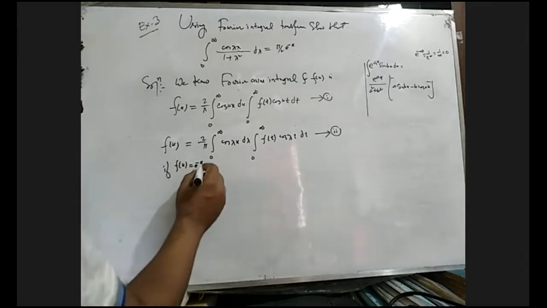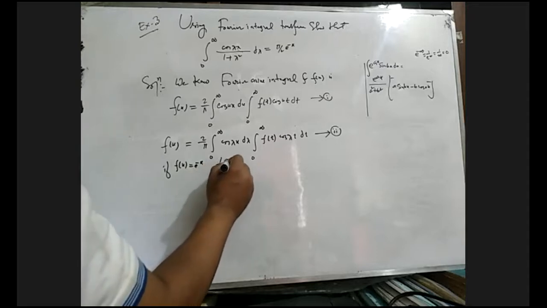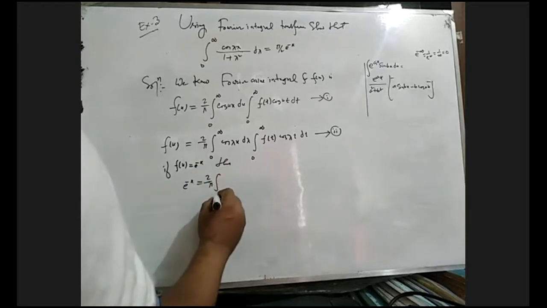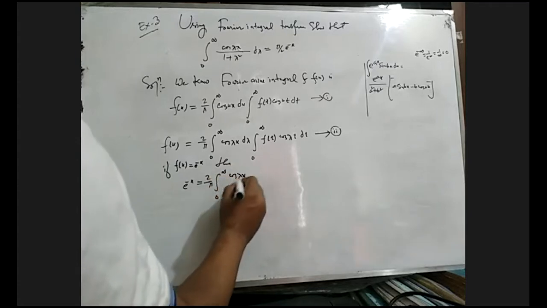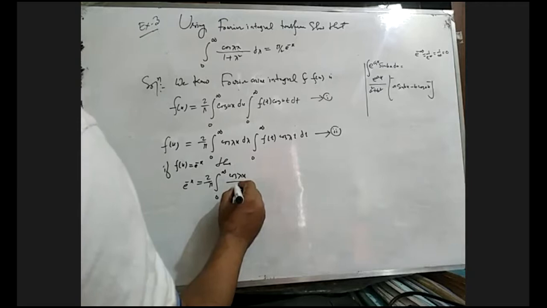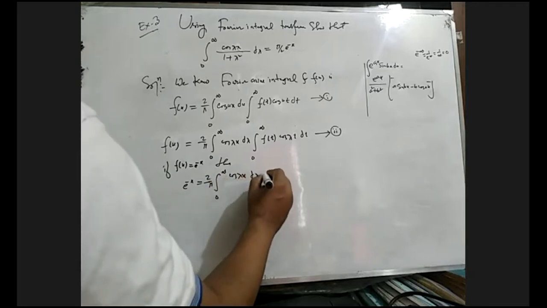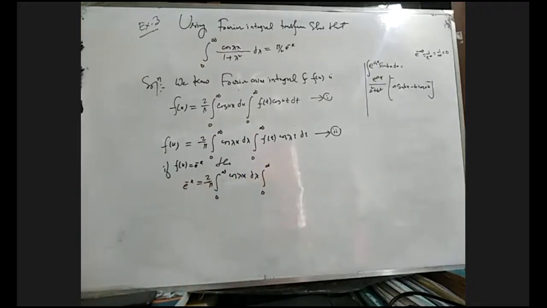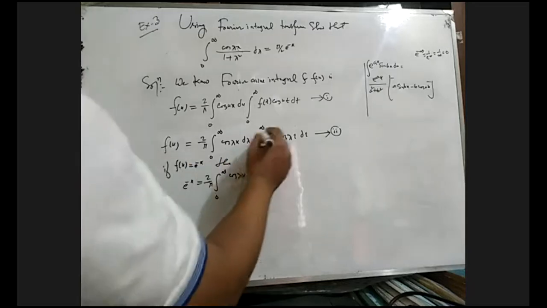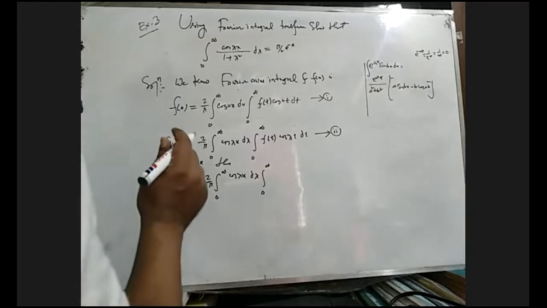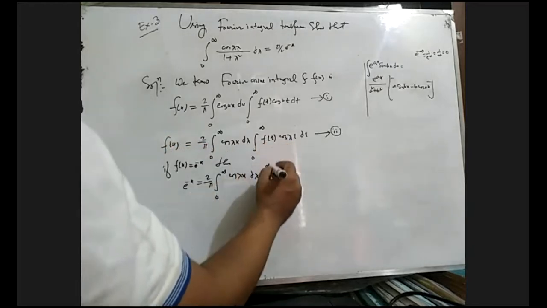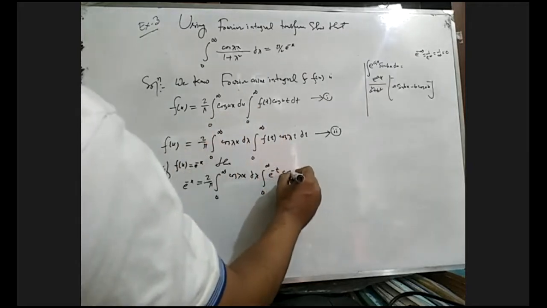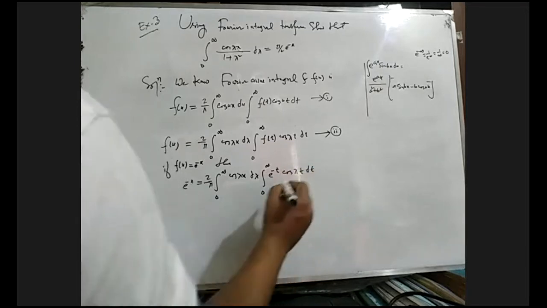If f of x equals to e to the power minus x, then 2 by pi integral 0 to infinity cos lambda x d lambda, integral 0 to infinity f of t cos lambda t dt, where f of t equals to e to the power minus t, because f of x equals to e to the power minus x.